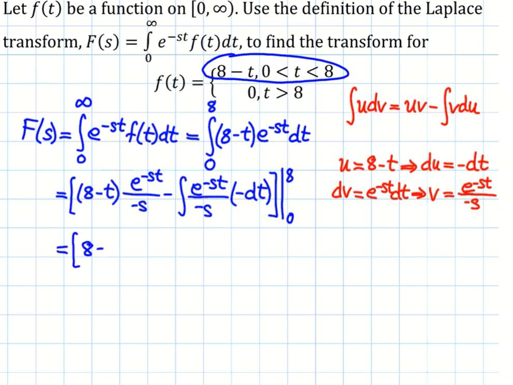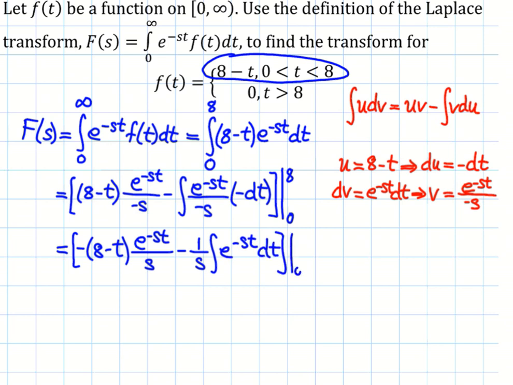So we have a minus t. Let's put the negative in front: negative a minus t, e to the negative st over s. The integral, by the way, there will be three negative signs, and then we take the s in the denominator outside, so we'll have negative 1 over s, and then e to the negative st dt.